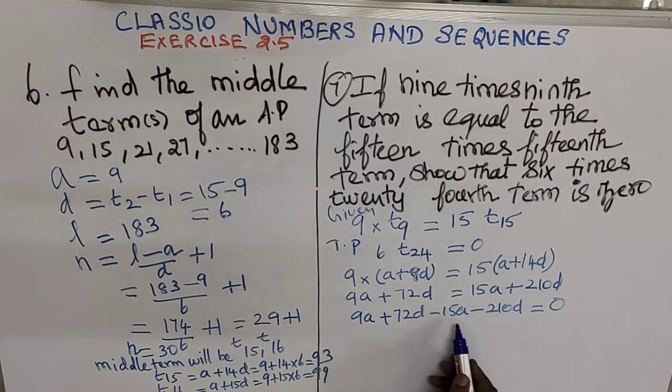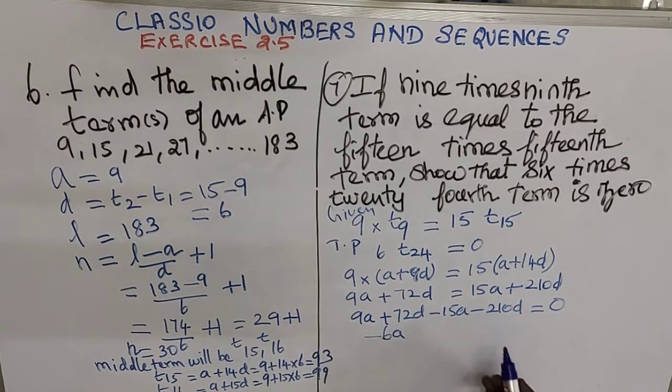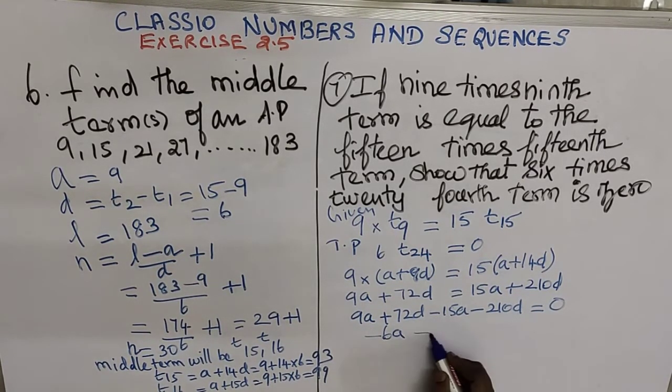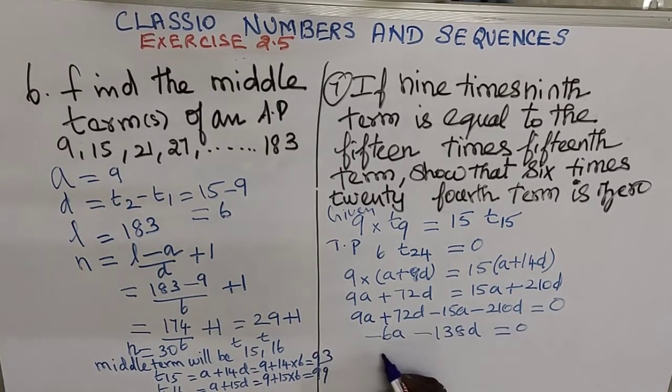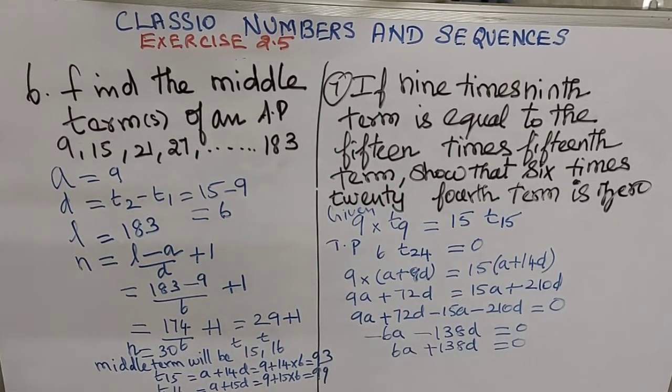So 9A minus 15A is minus 6A, and 72D minus 210D is minus 138D, equal to 0. Since all the terms are negative, we can make it positive: 6A plus 138D equal to 0.